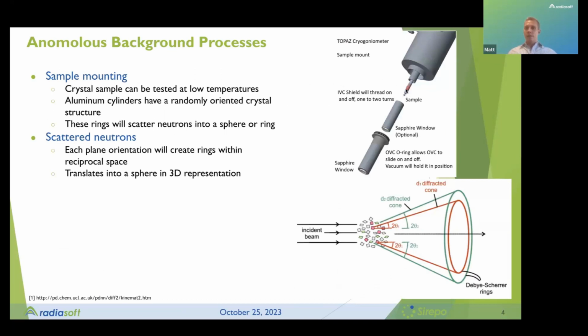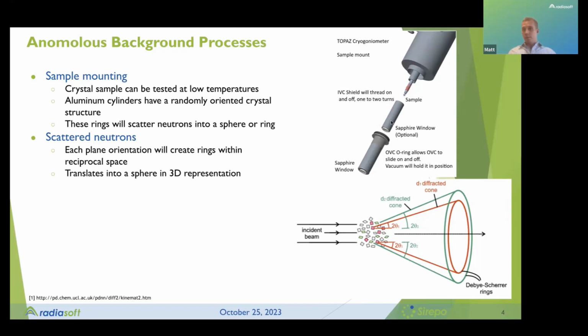This is a diagram of how the crystal would be mounted within the detector. You have a holder that you can mount a sample on at the very end. Then you have these 2 aluminum cylinders that are installed over the sample and are used to fill in liquid coolant to get the sample down to this 5 Kelvin range.